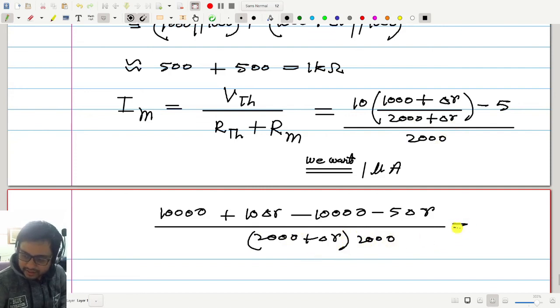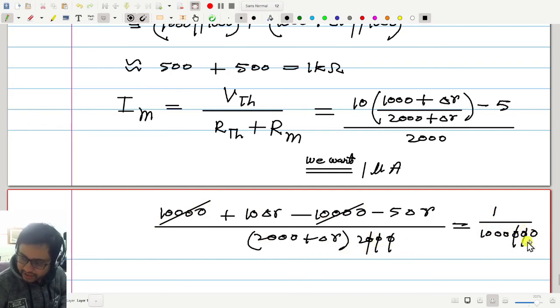So I have (10,000 plus 10 delta R) minus (10,000 plus 5 delta R), divided by (2000 plus delta R), and then the whole divided by 2000. This is equal to 1 micro, that means 1 by 10 to the power 6. Then 3 zeros cancel.